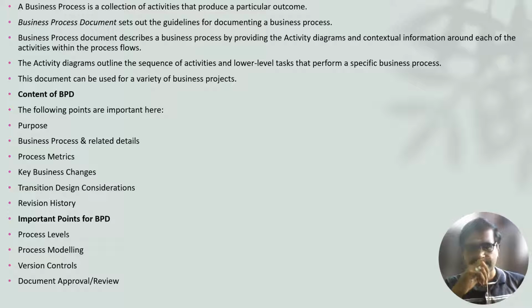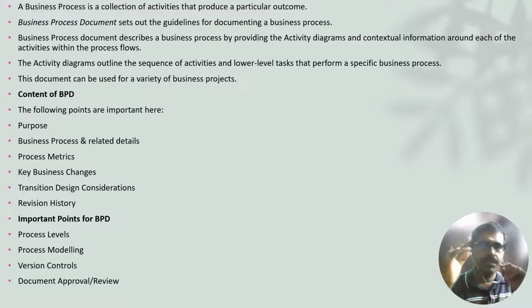Even in SAP we have version control in PO, but that is different. I am telling about the version control in the business process document. Once you change a version control, it will be documented in the revision history. So these are mutually interrelated. Okay, and document approval and review. Once you make any important changes, you need to document it and route for approval.